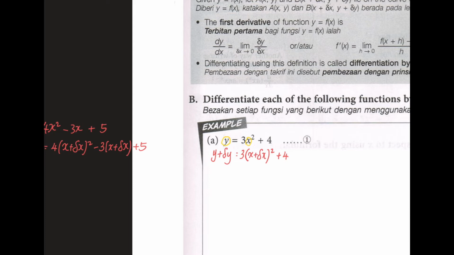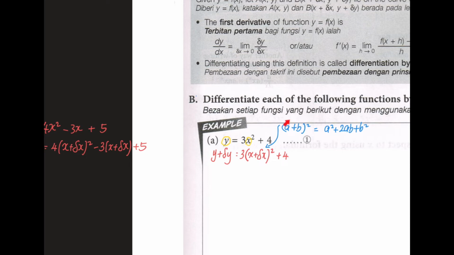So when you expand, let's do a quick revision on the formula of expanding this. If you have a plus b power 2, it will become a squared plus 2ab plus b squared. If you are not familiar with this way, you just use two brackets.